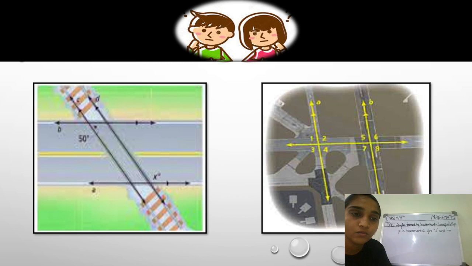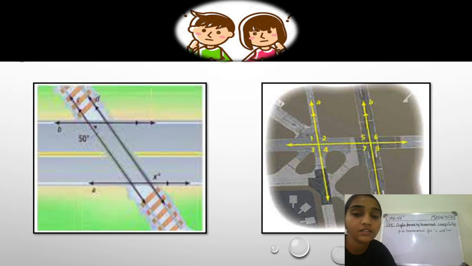Now students, let's move ahead. So now, are you able to see over here also the angles formed by the transversal? Yes, first of all, we are able to see the transversal, which is intersecting two different lines at distinct points, right? Very good, student.